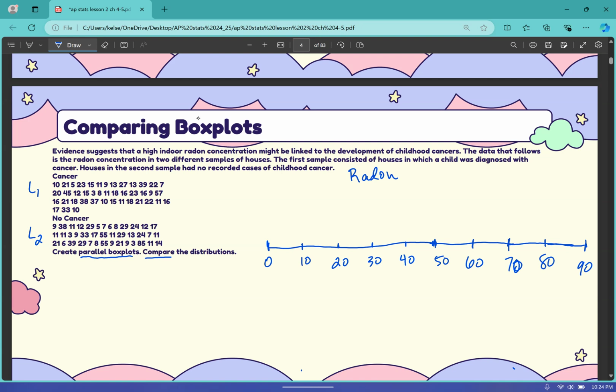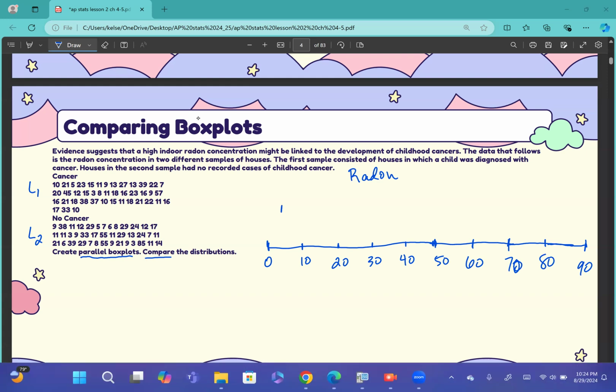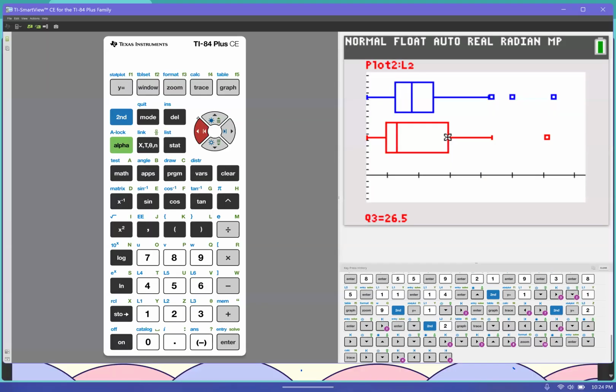So our minimum for the top one was at 3. So go maybe about right here. And that was our whisker. And then if we go back on our calculator, we see Q1 is at 11, median is 16, and Q3 is 22.